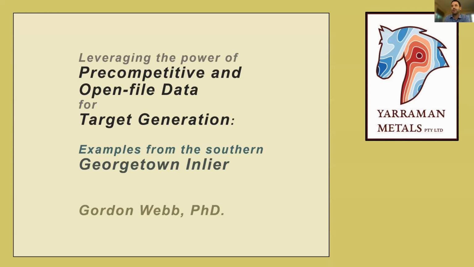I've been madly rewriting my talk based on what people have been saying. So basically I'm going to take a slightly different tack. I'm going to just talk about the workflow that I use to generate new targets and new prospects, and to pick up ground for the company I've been working for a while, which is Geology Metals.